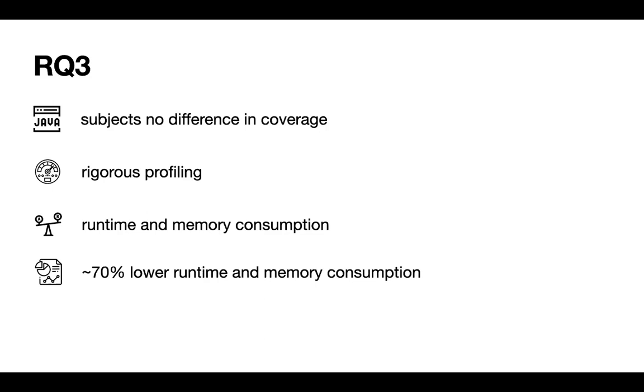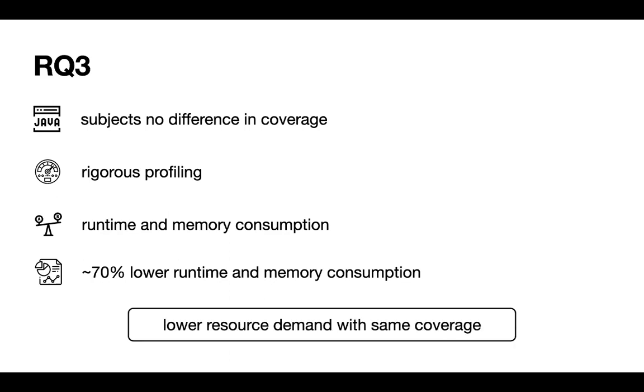We ran them 100 times on a bare metal server machine in a fresh JVM, and we collected in-memory consumption and runtime. So bottom line, we have on average 72% lower runtime and 70% lower in-memory consumption. So the result is that with the same coverage, we are able to have lower resource demands.